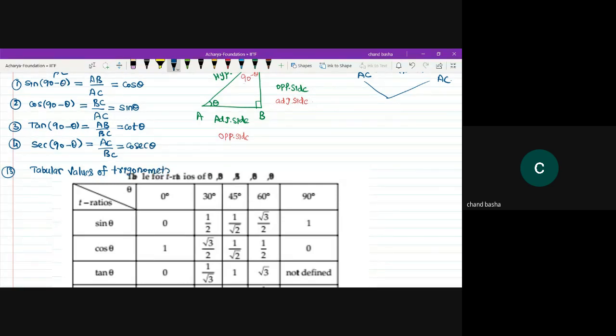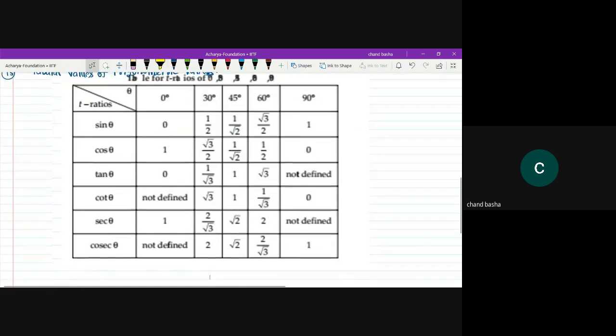We have the proofs, and even by using our fingers, you can remember the sine theta values. First you have to remember the first row: sine 0, sine 30, sine 45, sine 60, sine 90. The reverse of the sine values will be cos.